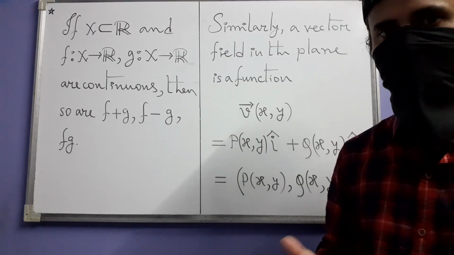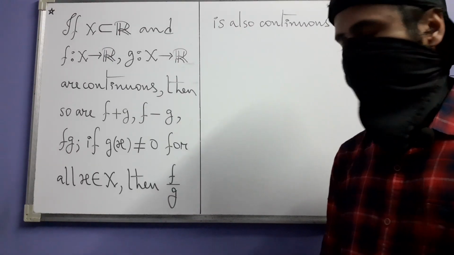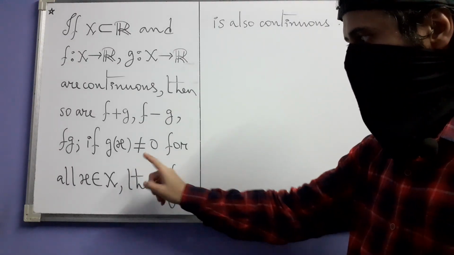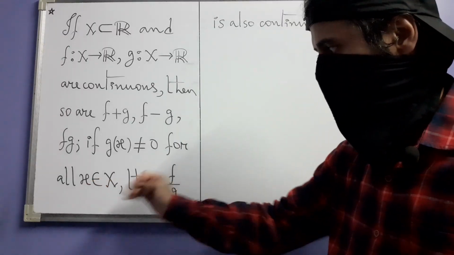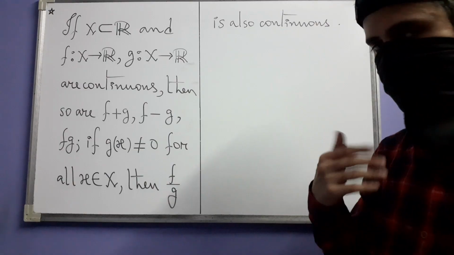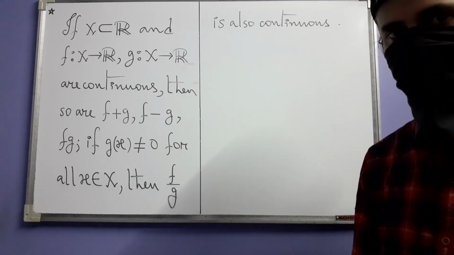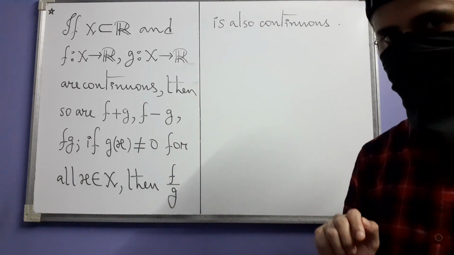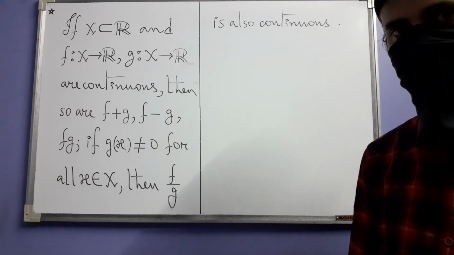Algebraic combinations of continuous functions are continuous. And also, as you already know from calculus, if the function g never vanishes on x, g of x is not equal to 0 for all x in x, then you can consider this quotient f divided by g, that is also continuous. We are going to generalize these results from calculus to our general topological setup appropriately in the coming sections.